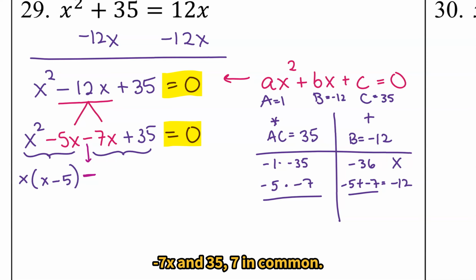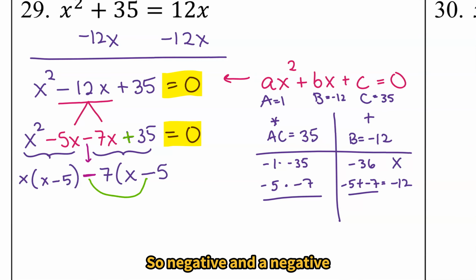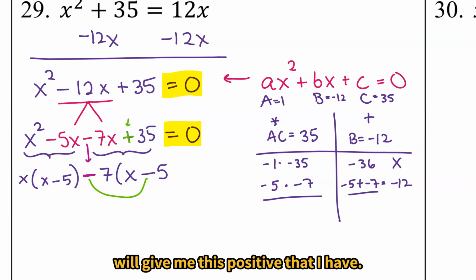Negative 7x and 35, 7 in common. Negative 7 times x will give me negative 7x. Negative 7 times negative 5 will give me the positive 35 up above. So a negative and a negative will give me this positive that I have.